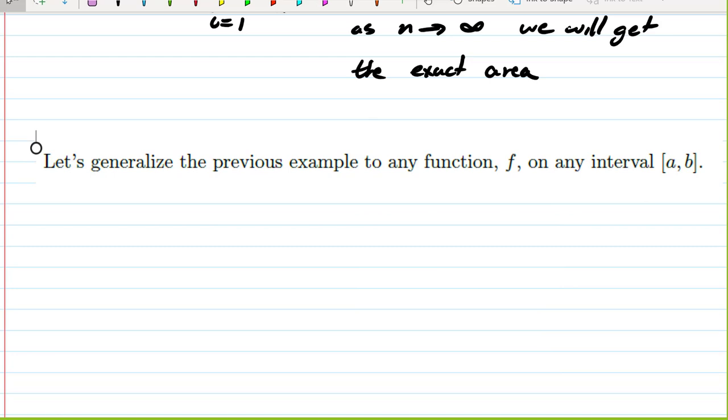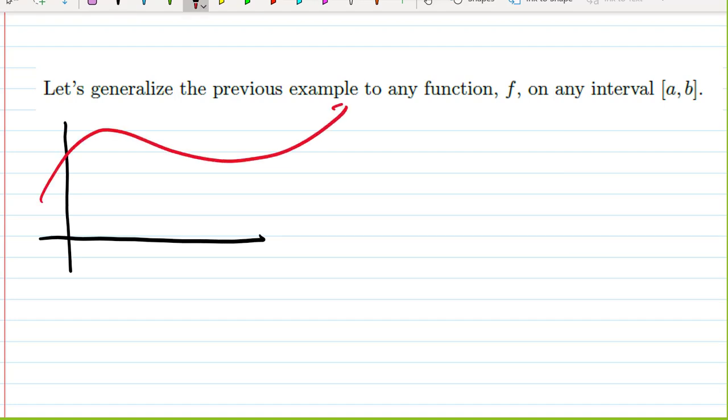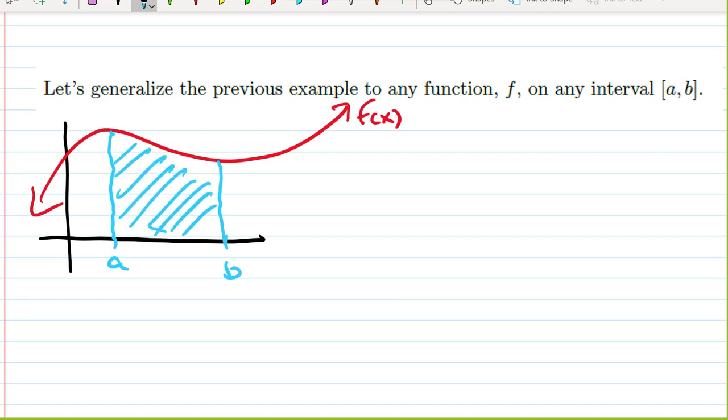In order to do so, we're going to introduce some new vocabulary, and I'm going to draw a picture to help justify what we're doing. So imagine we have some curve f of x, and we have a, and we have b, and we're trying to find this area underneath the curve between a and b.